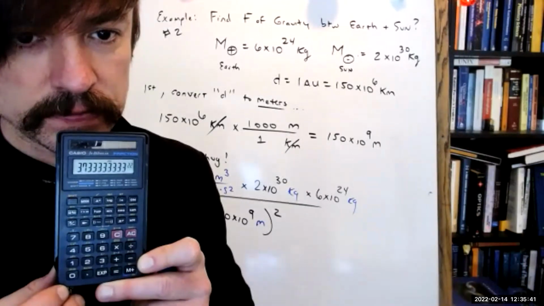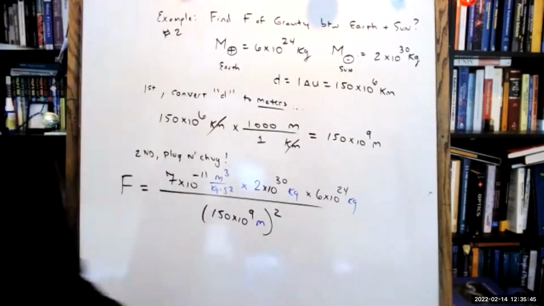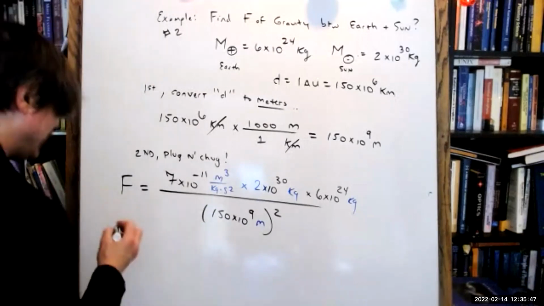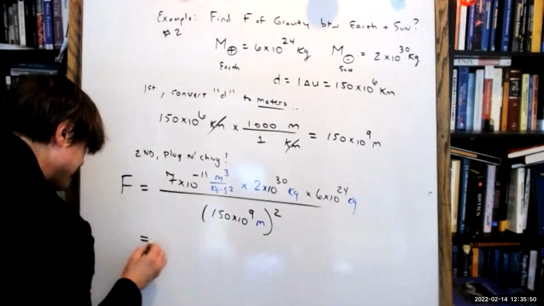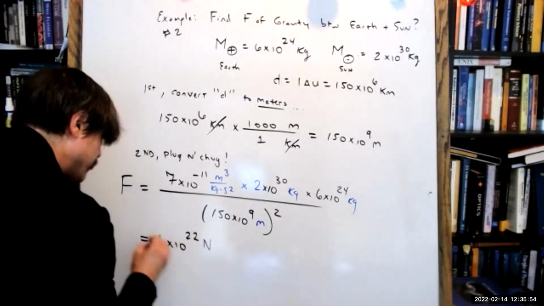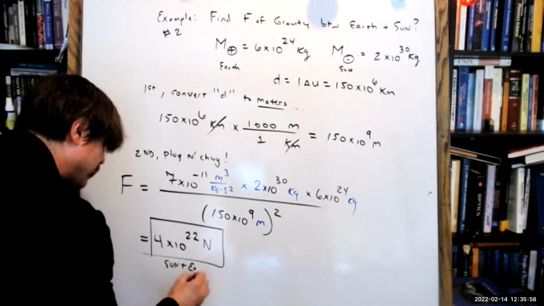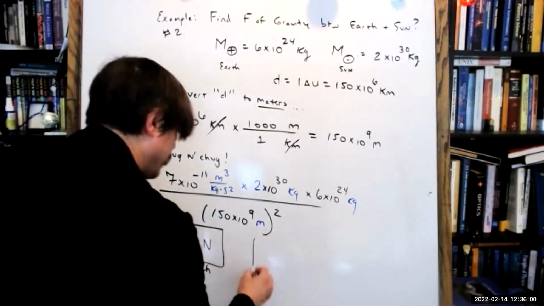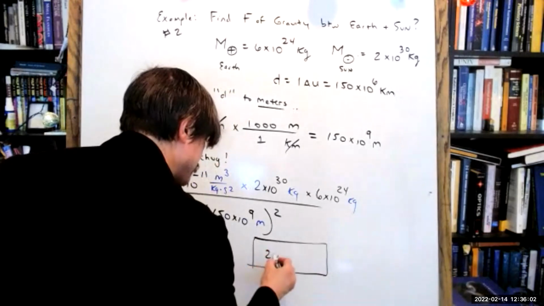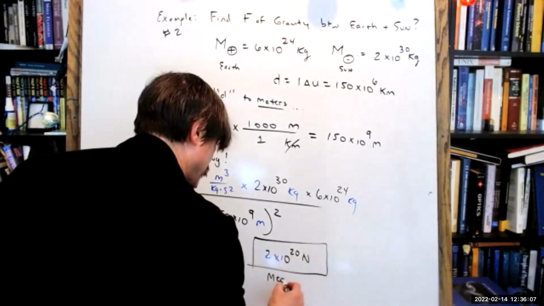That's just going to be 4 times 10 to the 22nd power. And the units are newtons, right? This is sun and earth. And this here is the moon and earth.